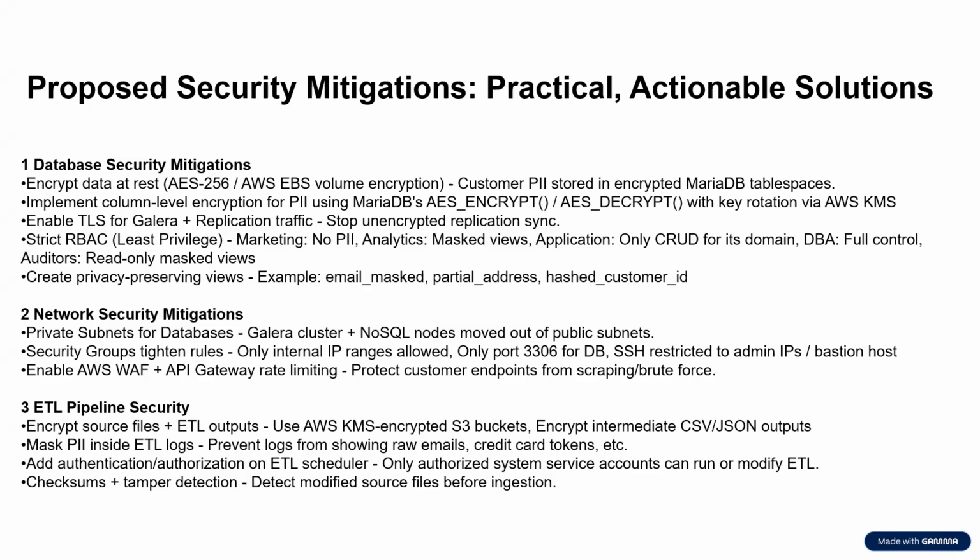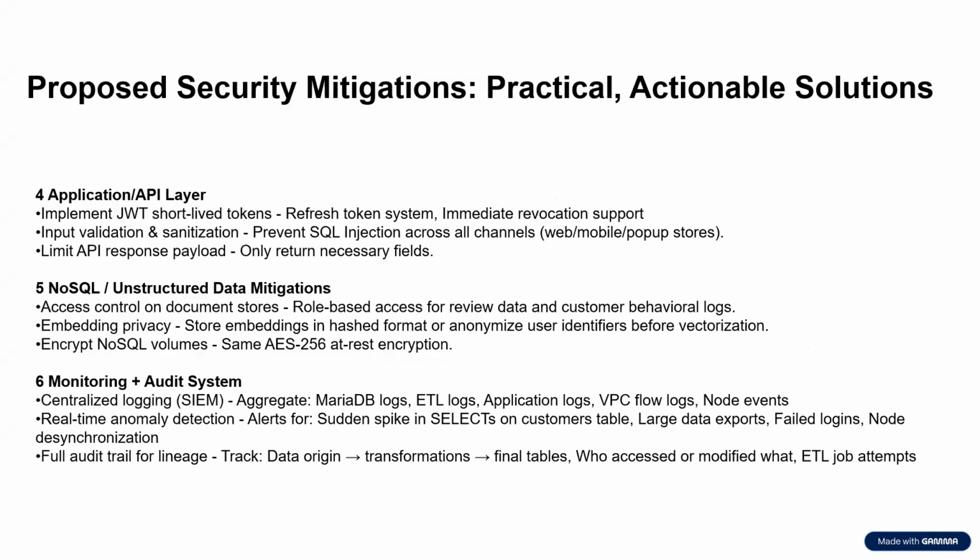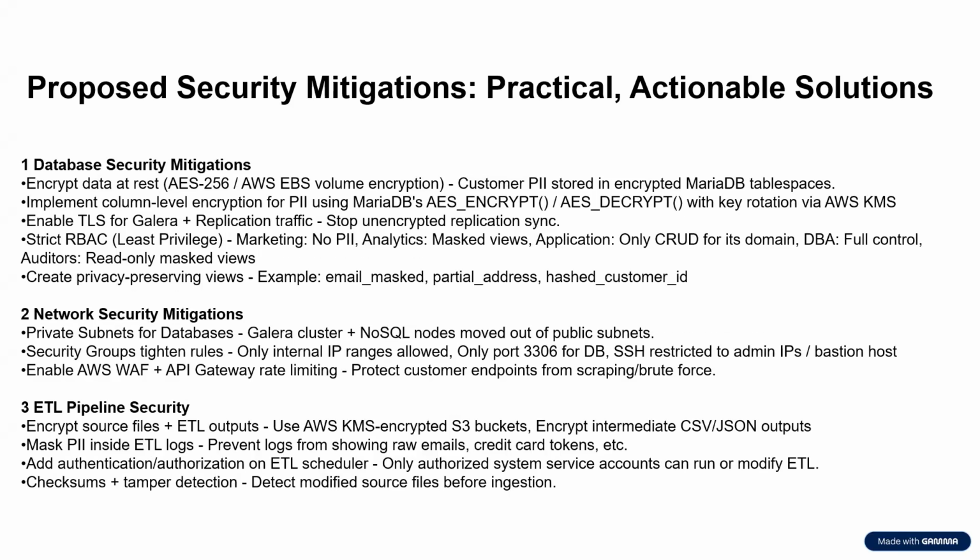RBAC is another very important way to mitigate risk. So basically, RBAC with least privilege. Not everyone should access all the things, right? Then we have moving databases to private subnets.